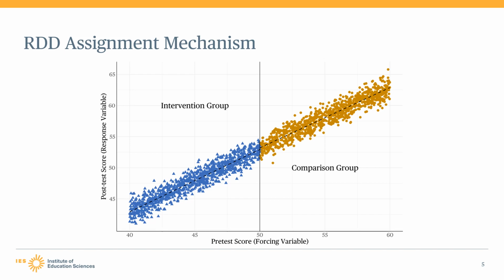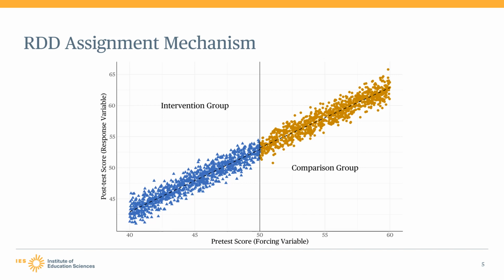However, in contrast, many other RDDs may be designed in such a way that units who score above the cutoff value are the ones assigned to receive the intervention. For example, a merit aid intervention for first-time college students might assign high-achieving students to receive a financial aid award to defray the cost of college.